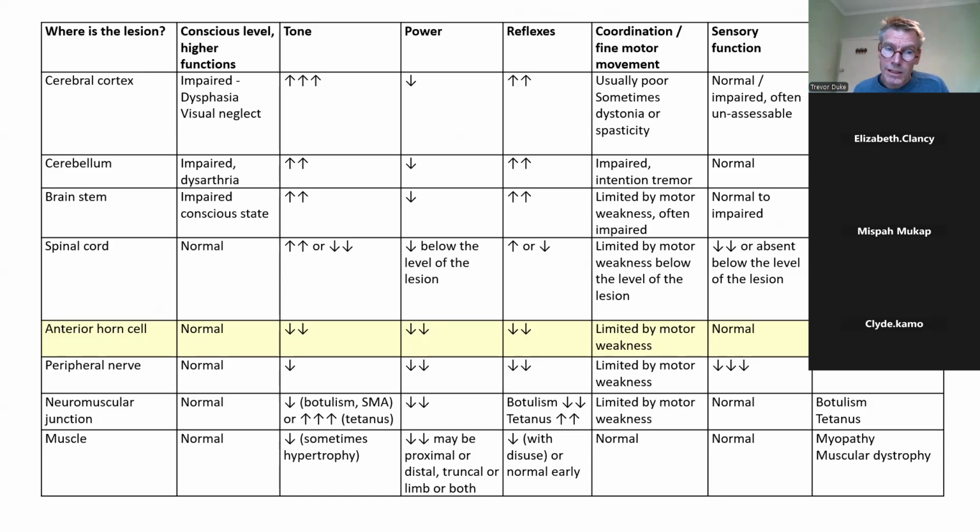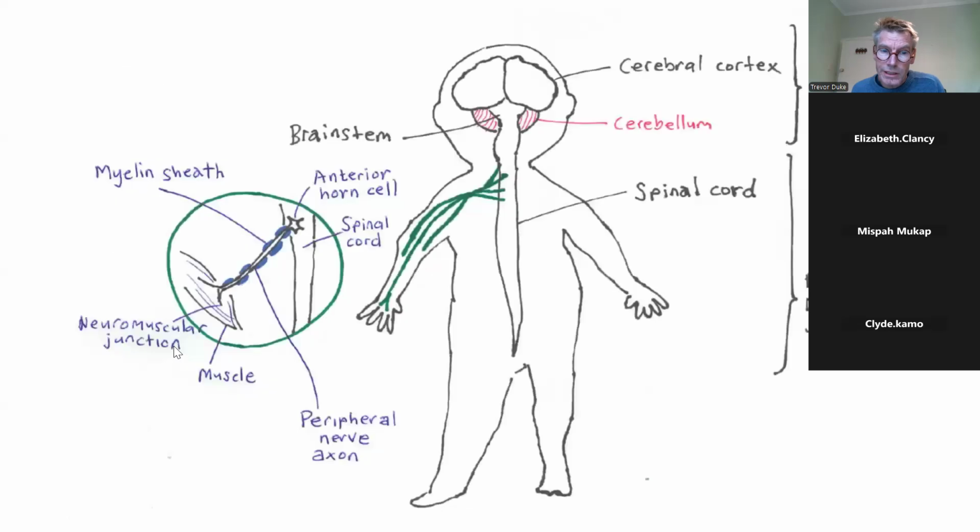But polio involves the anterior horn cells. Guillain-Barre syndrome involves the peripheral nerves. It's typically the myelin sheath of the peripheral nerves that speeds up the nerve conduction. That's what the autoimmune process attacks in Guillain-Barre syndrome.